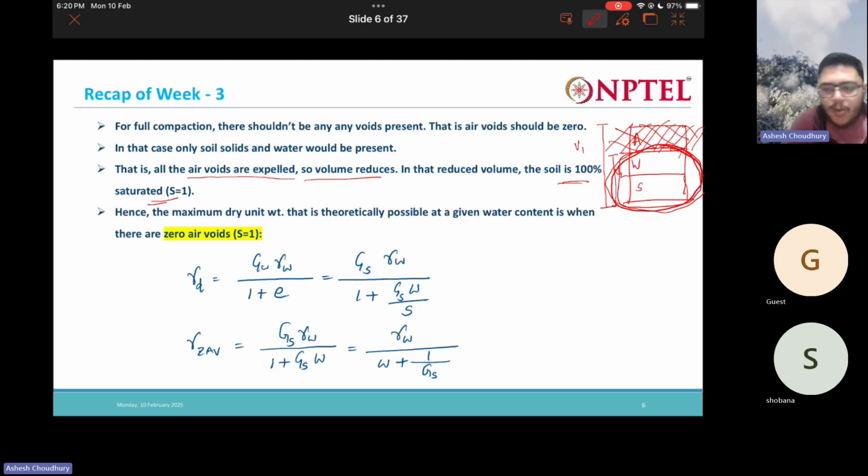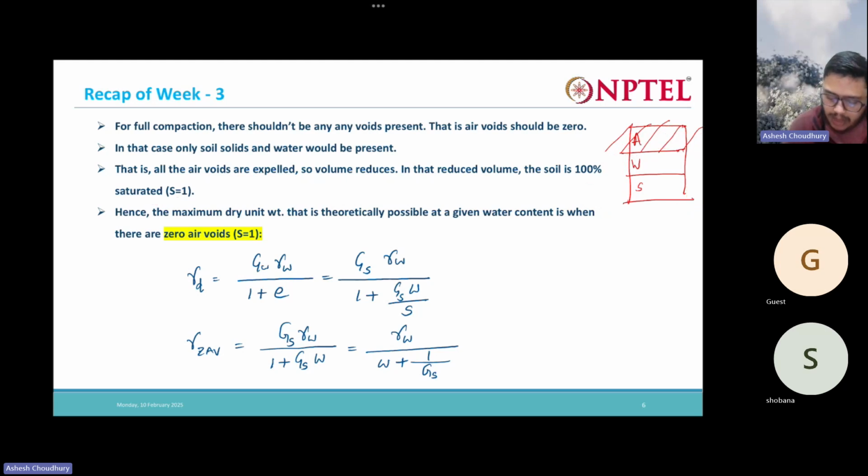So how can we get the maximum theoretical dry density that can be achieved from any compaction? In practice, it is not possible that you will be able to eliminate all the air voids. Some air voids are going to remain, but theoretically it's possible. So theoretically, we can put S equal to 1.